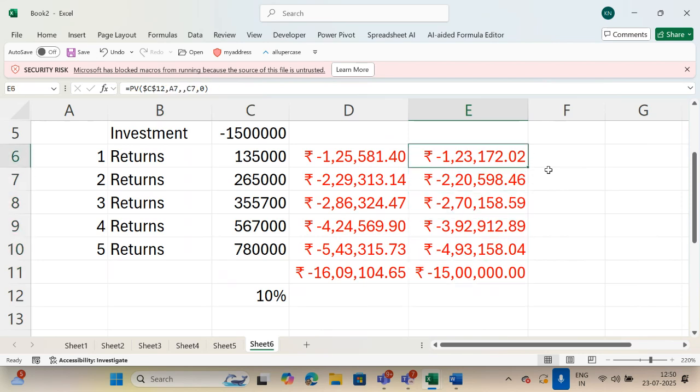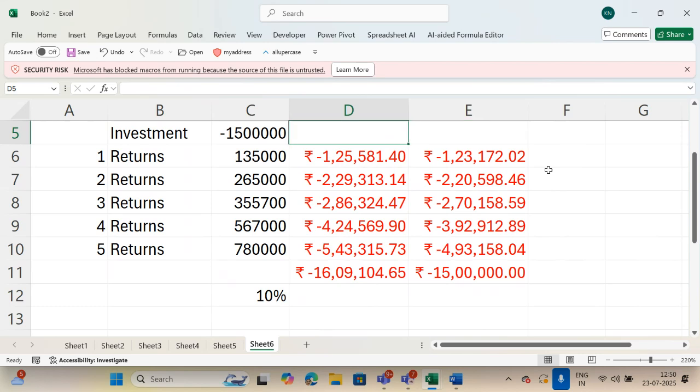Is it clear? Because here I'm getting a 10% return, and here I assumed 7.5%. So for that 7.5%, I need to invest 16 lakh rupees. But at the rate of 10%, I'm investing only 15 lakh rupees.